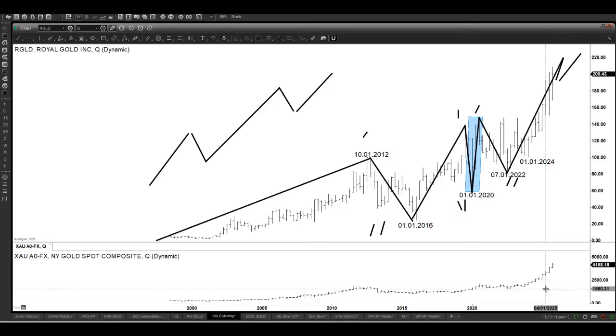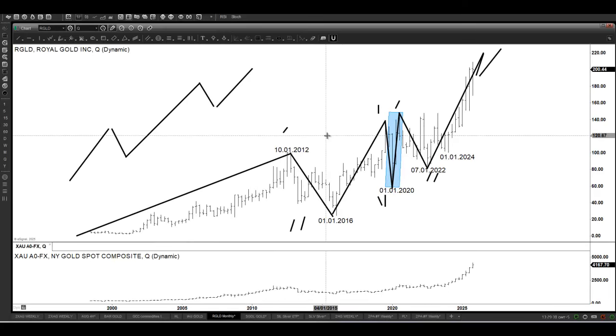So this ETF is supporting GDX for a big extension, because all this nest needs to be resolved.